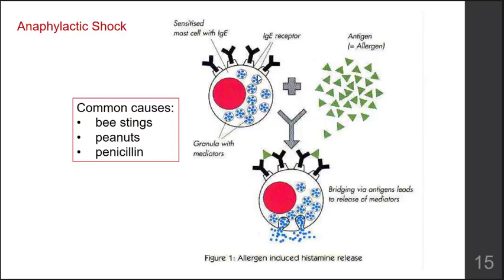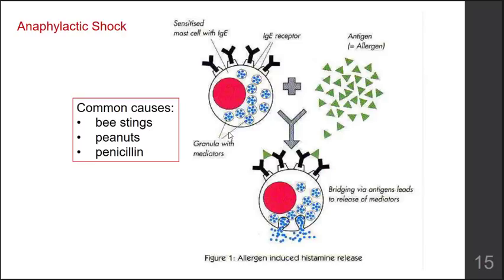Those with allergies have these mast cells that are sensitized with IgE. So they have IgE sitting on top of IgE receptors. This is called sensitization. So we could say sensitized mast cells.